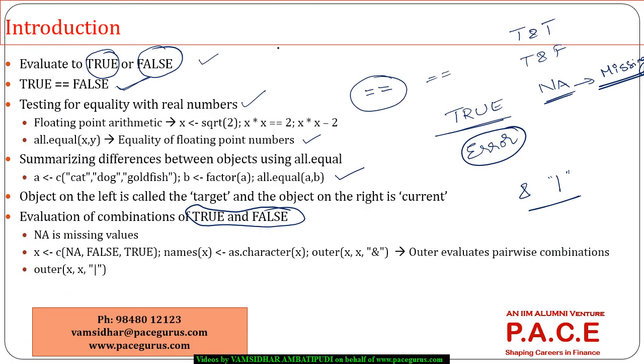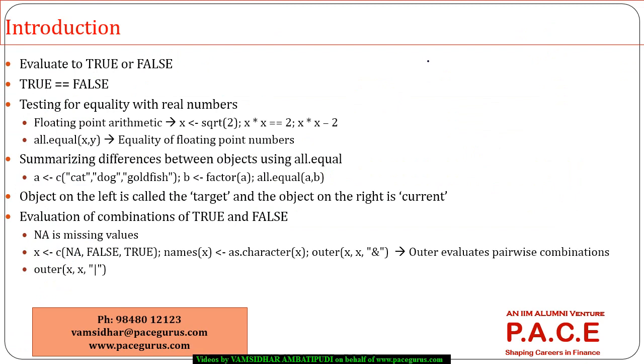So basically, to summarize that, in the case of AND, false AND anything, true or NA or false, is going to be false. Whereas NA, if it is combined with either NA or true, the outcome comes out as NA.